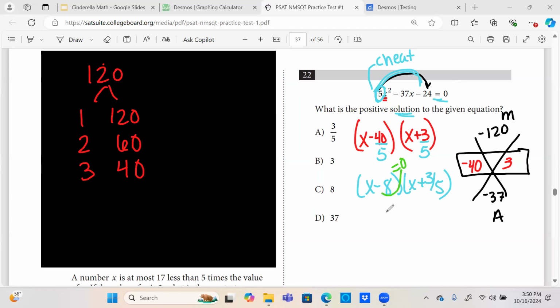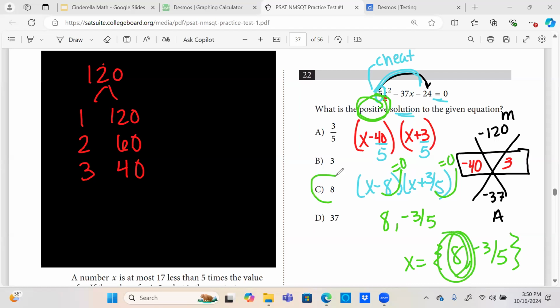This will whip around and be 8. Set this equal to 0. It'll come over and be -3/5. So if it was asking for both solutions, you would say 8 and -3/5. Sorry, I think I misspoke a second ago. It's not -3/2. It's -3/5. And they wanted the positive. So this one's positive.